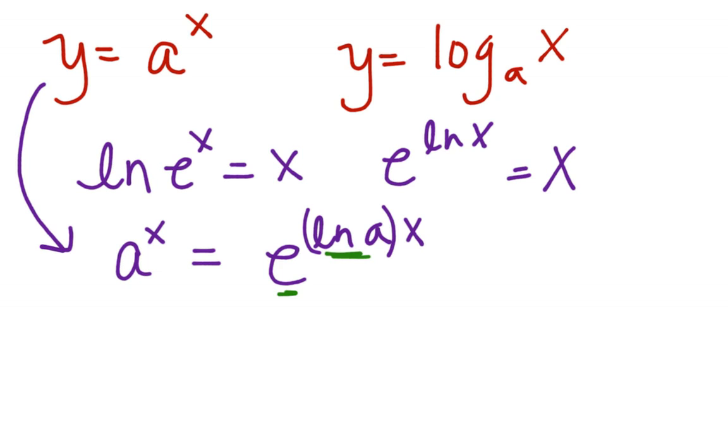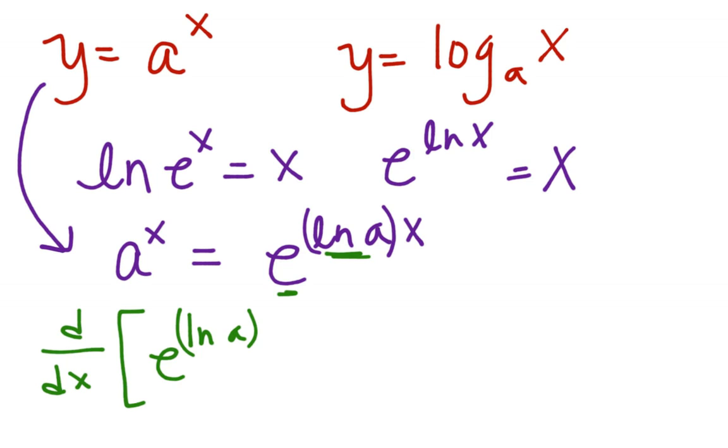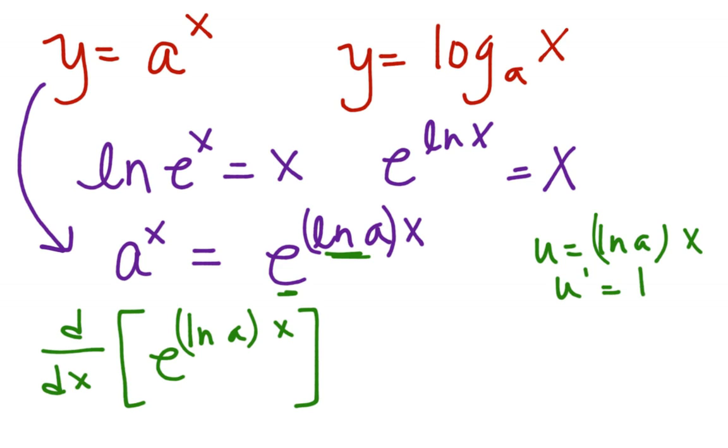So now I can think about the derivative of my rewrite, e to the ln a times x. I'm going to call u ln a times x, so u prime is just ln a.